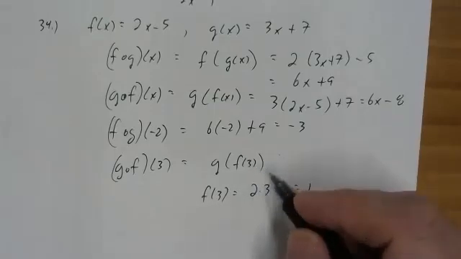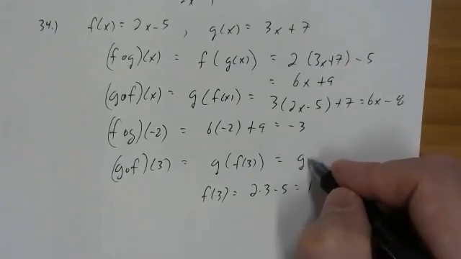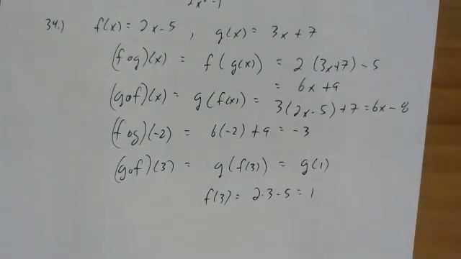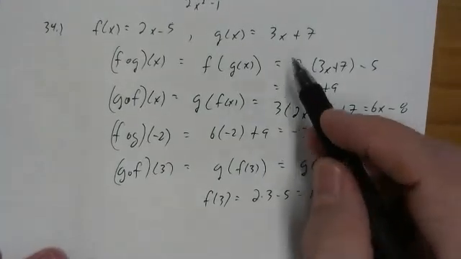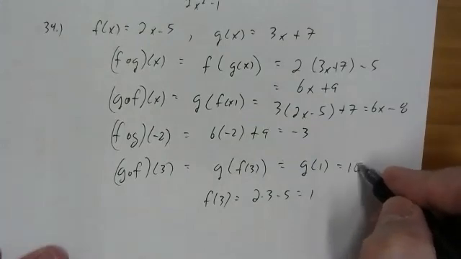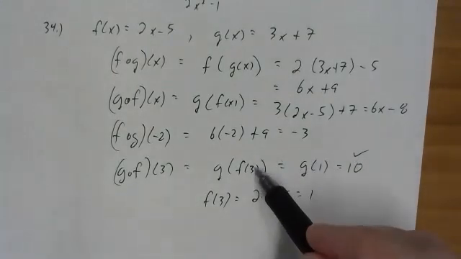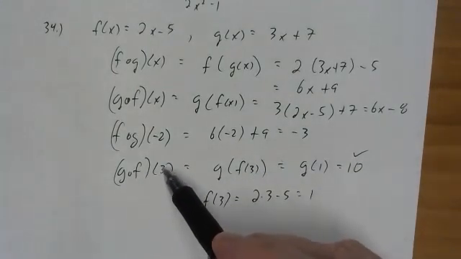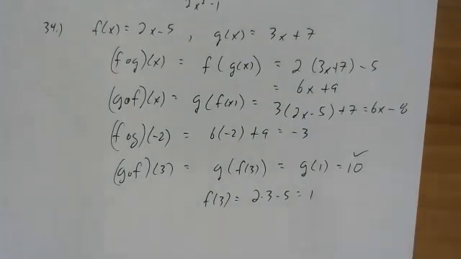Since f of 3 is 1, I can go back up here and say g of f of 3 is g of 1. I simply go to my g equation, plug in 1, and I get 3 plus 7, which is 10. There's my answer. So when you're asked a composite and you replace an x with a number, you can do this very simply.